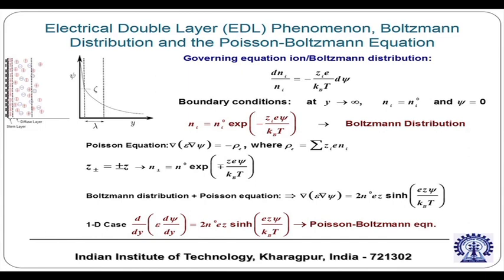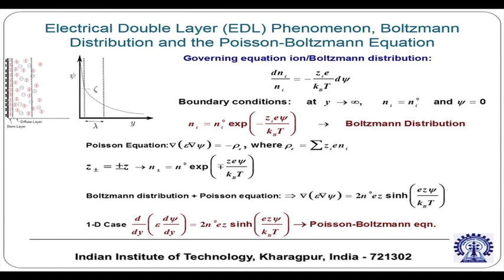Now the next example of nanofluidics or modification in the nanofluidic domain that I will discuss about is electrical double layer phenomenon. How is it modified in the nanoscale purview?